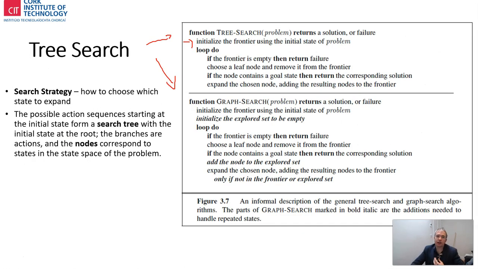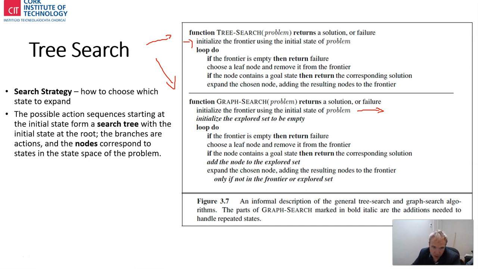So we'll just go through that. You see, it takes in a problem definition, just like the tree search. Initialize the frontier using the initial state of the problem, so same thing. Our problem will be we're currently in Arad. The frontier would contain Arad because it hasn't been expanded. Initialize the explored set to be empty. Loop do: if the frontier is empty, return failure. It's not empty, we have Arad.